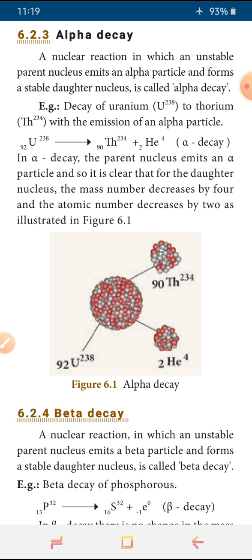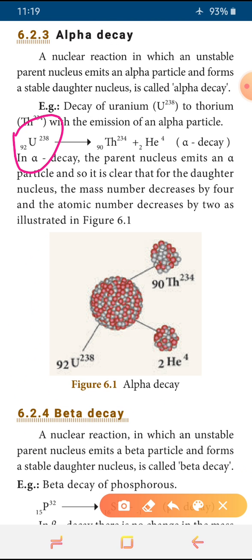The example given is the decay of uranium U-238 converting into thorium Th-234 with the emission of an alpha particle. This 92U238 uranium is the parent nucleus, in an unstable state.